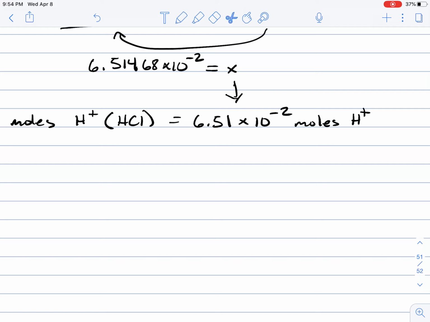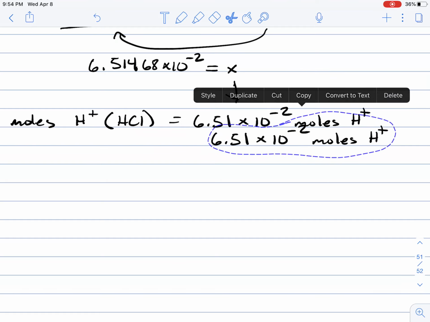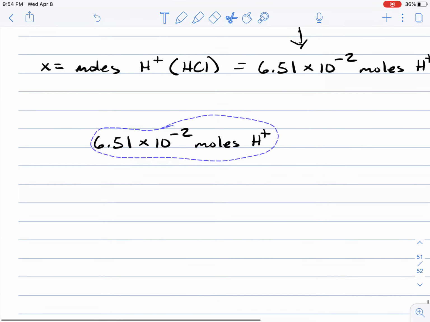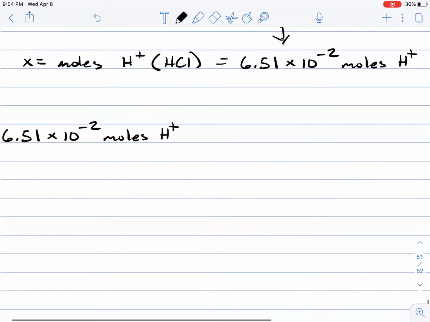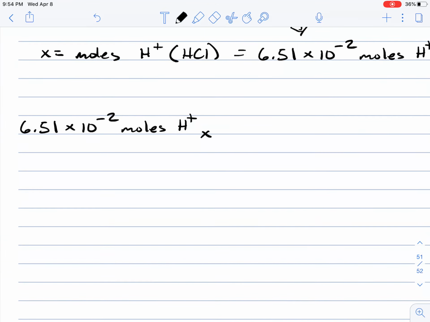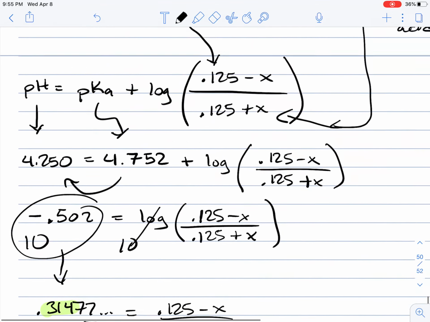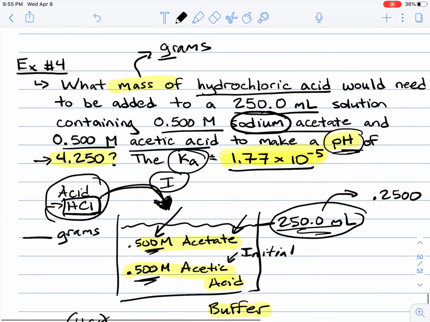I can go ahead and use this value and perform some stoichiometry to convert moles of hydrogen ions. Remember, this is the initial moles of hydrogen ions that I'm putting into my solution, and convert it in terms of mass. And so to do that, I need to make sure that I convert it back to hydrochloric acid.